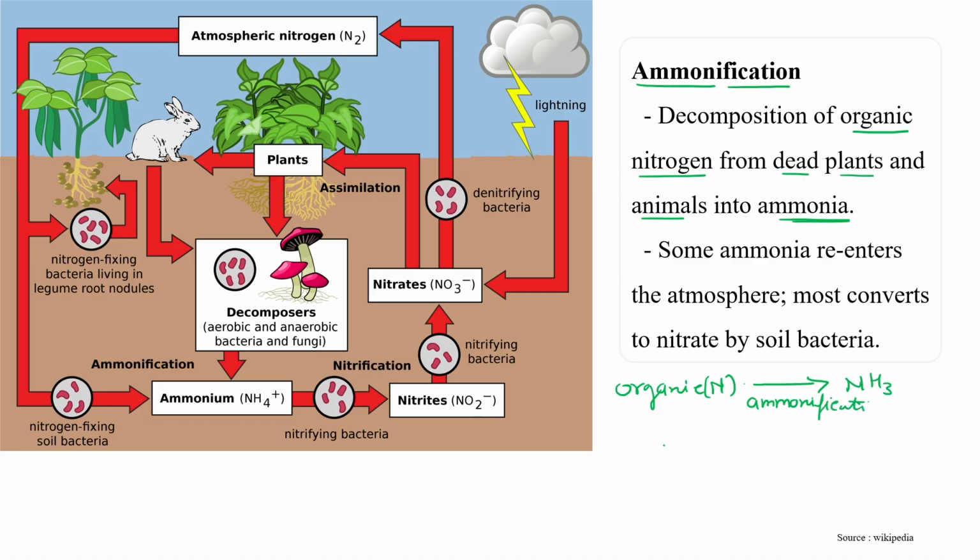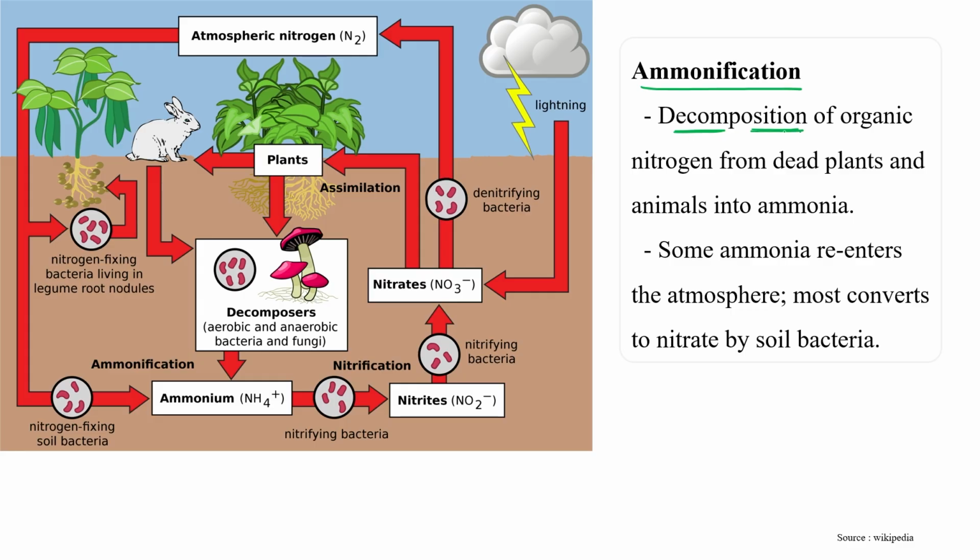When atmospheric nitrogen, this N2, gets converted into ammonia, that is something different, nitrogen fixation. But when this organic nitrogen is converted into ammonia, that time we can use the term ammonification, in which a decomposition process occurs, decomposition of organic nitrogen occurs.